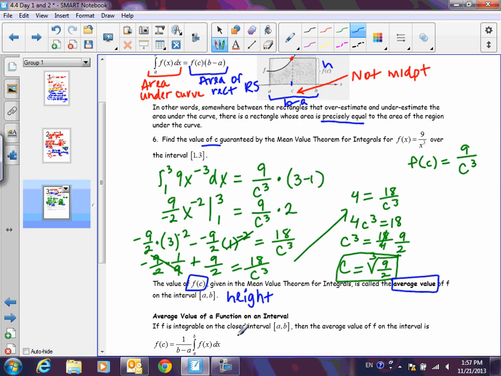So before we move on to the next part, if you already knew c, could you find the average value easily? What would you need to do with c?